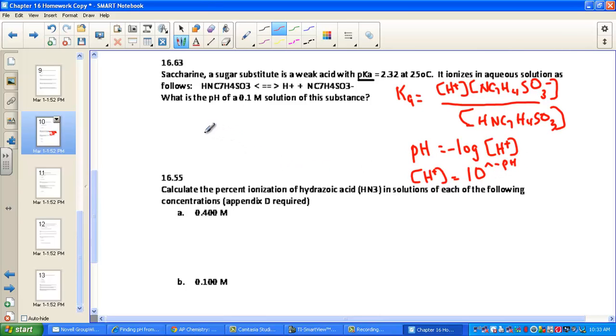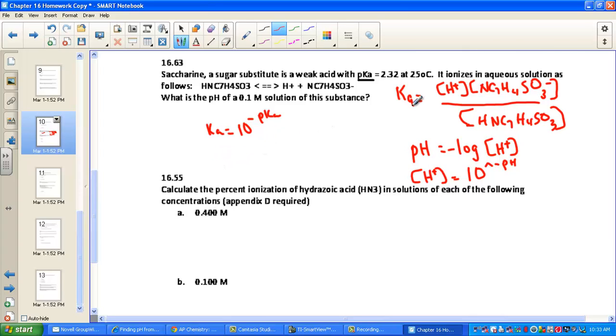That's all we're going to do here. Oops, I'm sorry, I just did that backwards. Ka can be pulled out by taking 10 raised to the negative pKa.